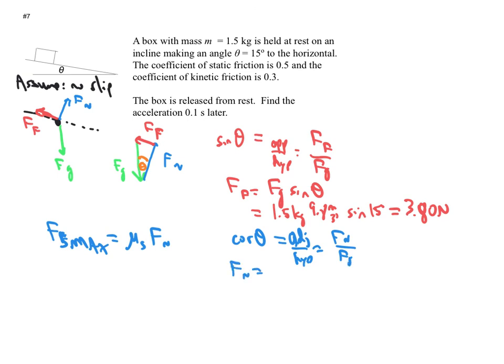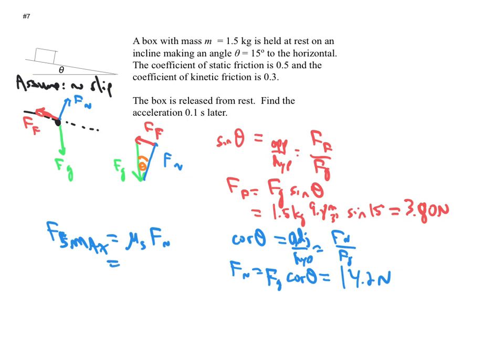So Fn is Fg times the cosine of theta, which ends up being 1.5 times 9.8 times cosine of 15, 14.2 newtons. But that's not what we really wanted.